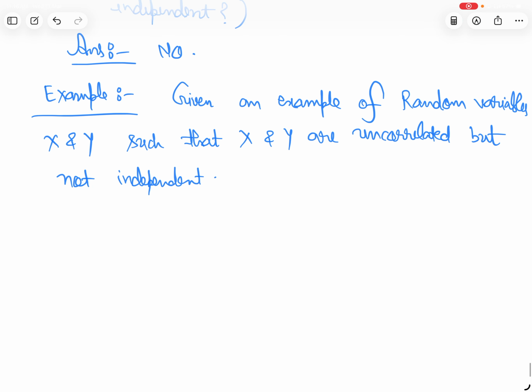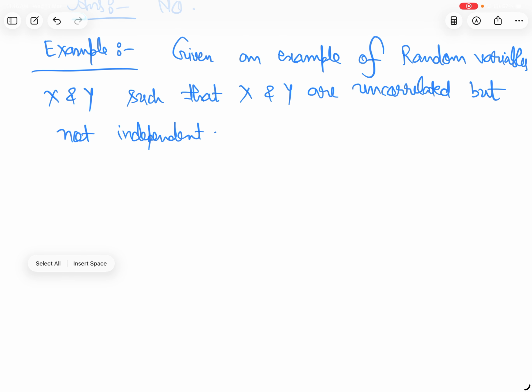Okay, I'm to find an example of random variables X and Y that are uncorrelated but not independent. Okay, so solution, I'm writing its solution.